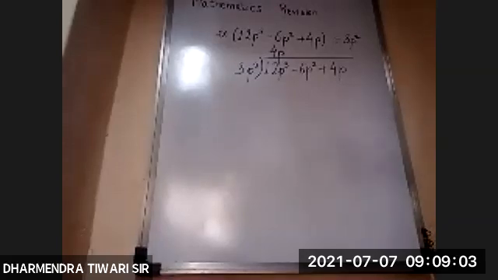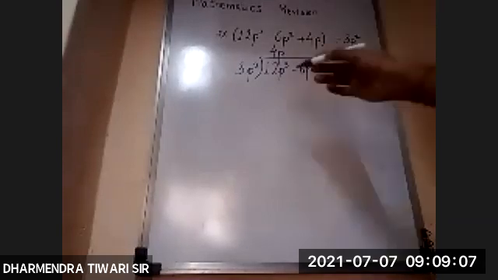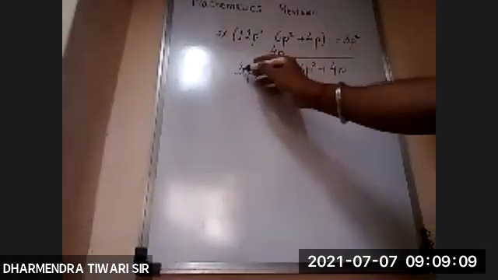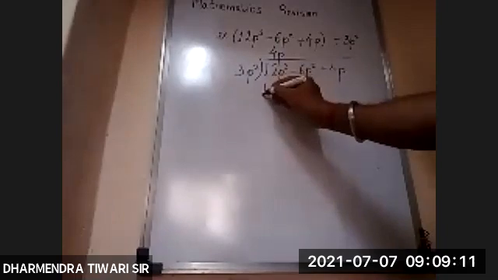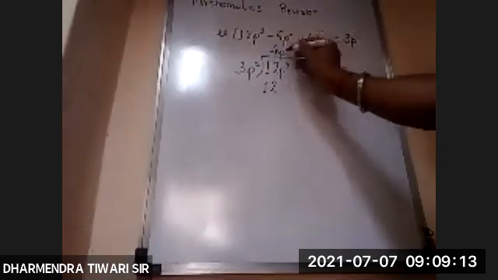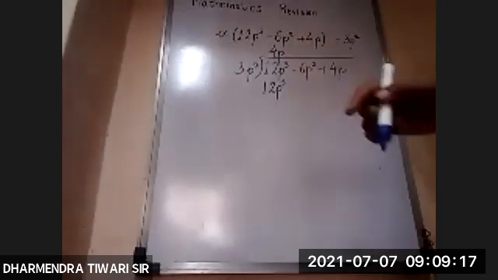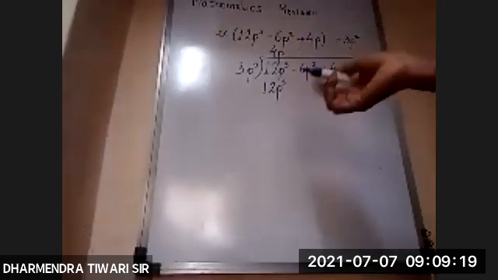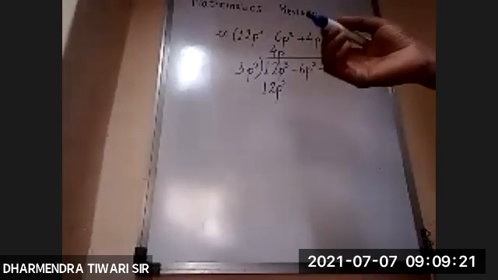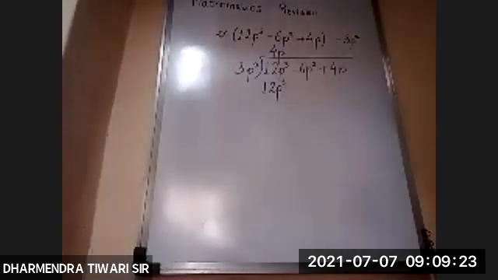Very simple. You just need to work on this. So 3 4s are 12, and p square into p is p cube. I'm doing it directly as we have done one problem, so you can keep checking the calculation in your book.